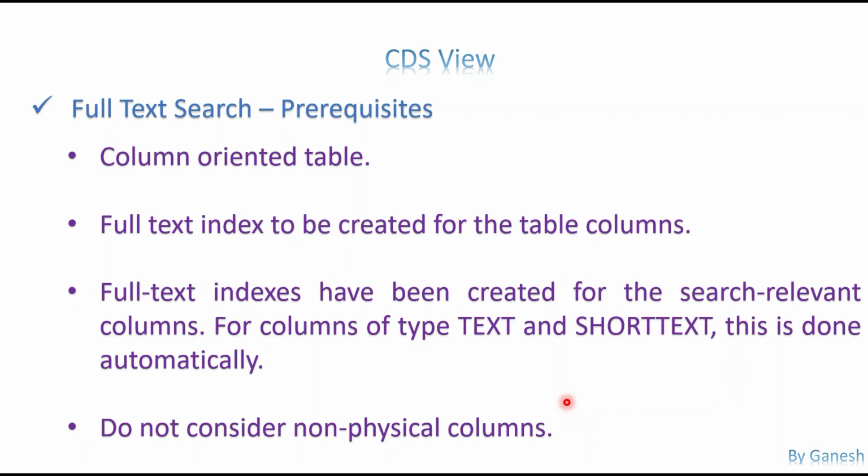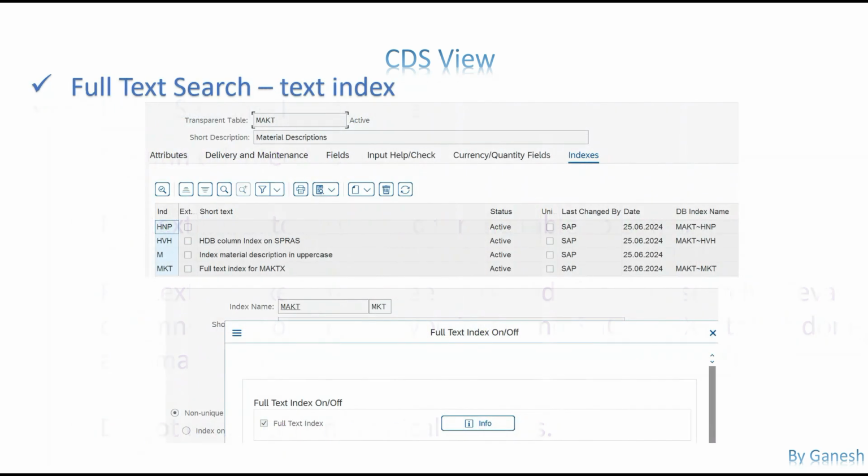Then we are not able to perform the full text search on those columns. So that's what they mean by do not consider non-physical columns. In simple words, the column should be a database table column.